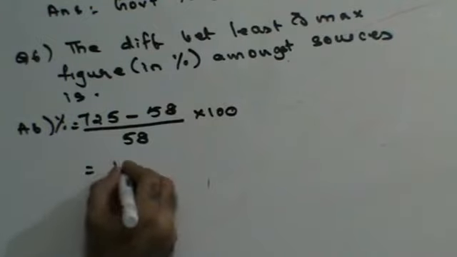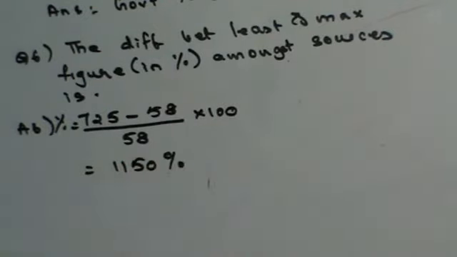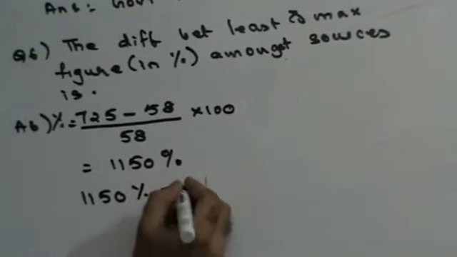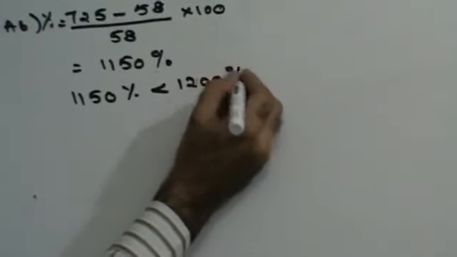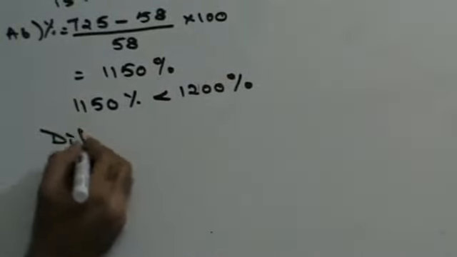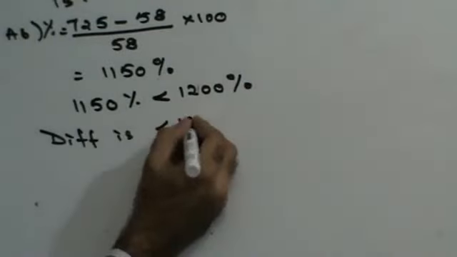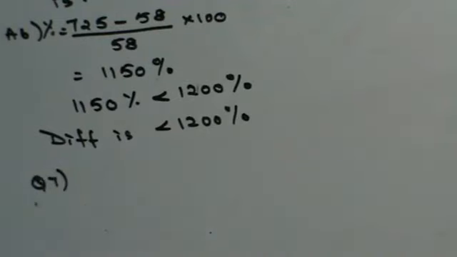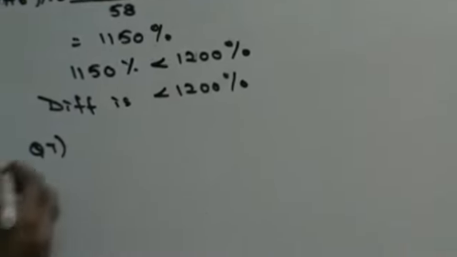This will approximately work out to 1150%. So the difference between the least and maximum figure in percentage is 1150%, which is less than 1200%. So the difference is less than 1200%, answer.